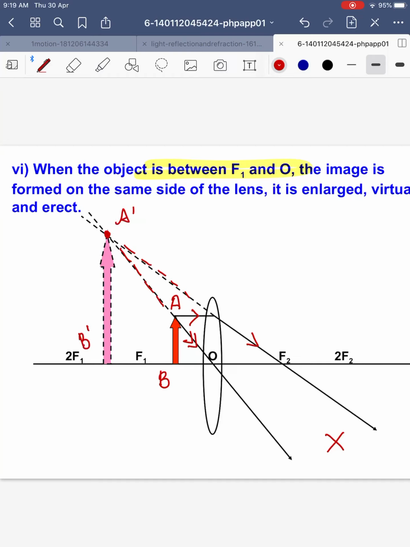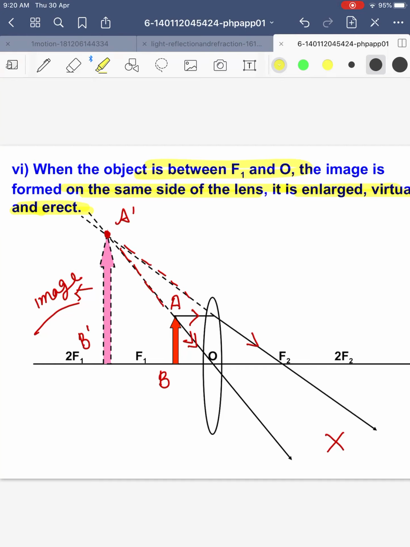So A dash B dash is the image of object AB. In this case image is formed on the same side of lens. It is enlarged, virtual and erect. So this is the only case for convex lens in which a virtual and erect image is being formed.